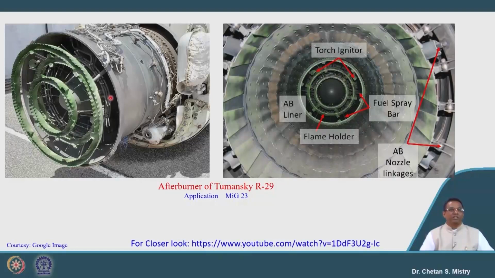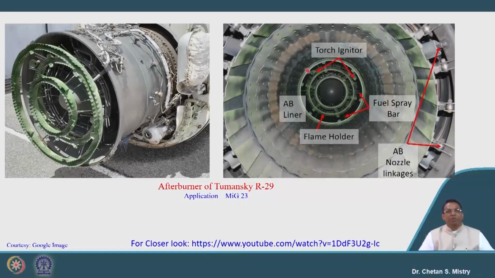Similarly here, this is a Tumansky R29 engine, that is fitted with the MiG-23, and this is representing the cut section in order to understand in an actual sense. So here this is representing my flame holder. Now this flame holder that we have will be subjected to expansion and contraction, that will be taken care of by providing a special kind of mechanism here.